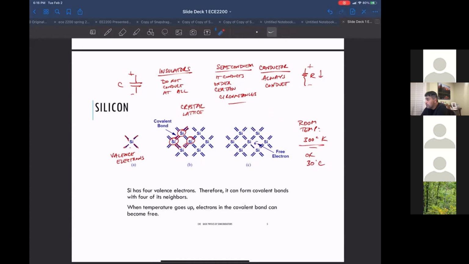Some of the electrons, not all of them. And you'll see there's an equation for what number of electrons do that. But basically, as the temperature increases from 0 degrees Kelvin, we get more and more of these electrons floating around. By the time you get to room temperature, 300 degrees Kelvin, you have a significant amount of these electrons, enough that we're going to get some amount of conduction.